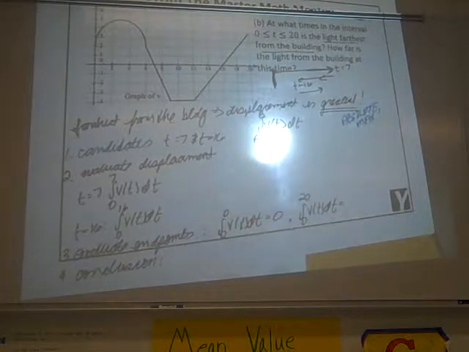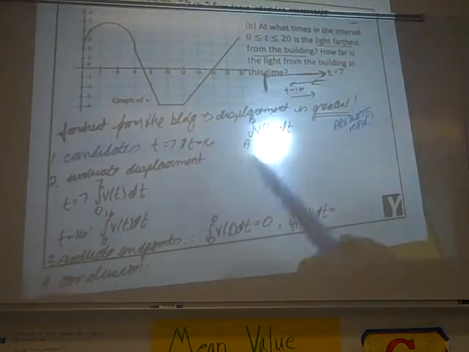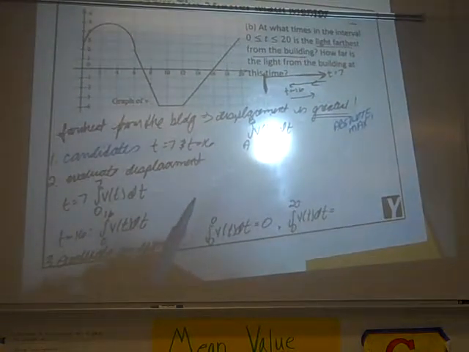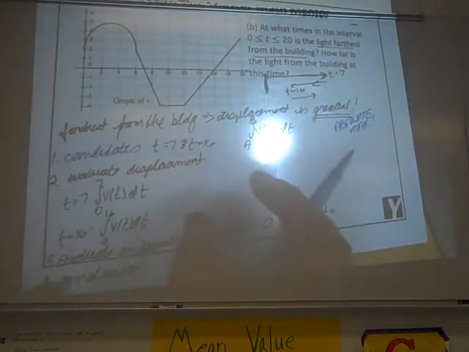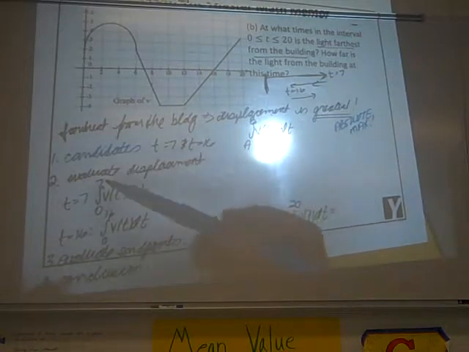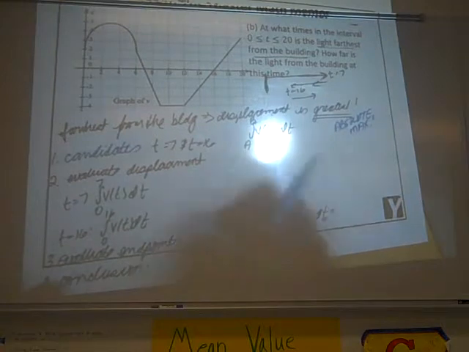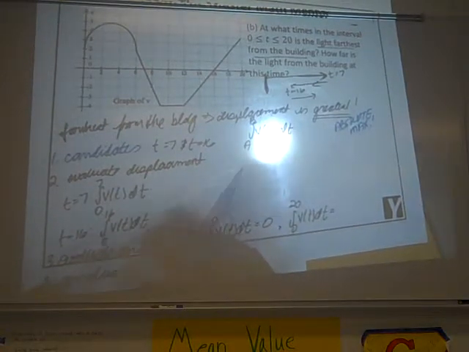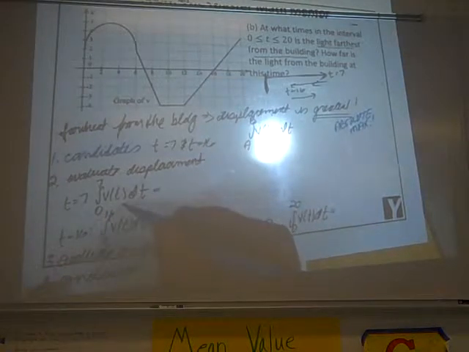All right, so now that we've laid that out, let's actually go through and evaluate. And actually, let me back up on this thought. If I was in the middle of the AP exam, as soon as I've identified that it's the 4-step process and I need to find candidates and I want to evaluate the displacement, I would probably write everything on my paper just like I did right here, and then later on go back and figure out what this displacement is.